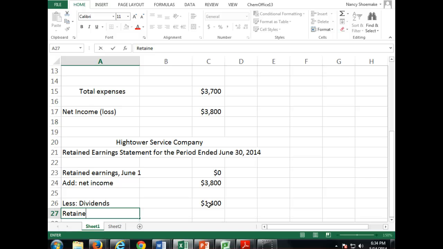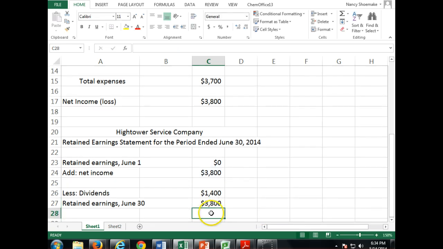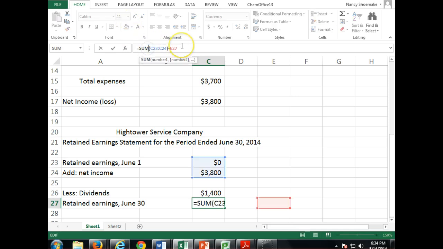Then we've got a retained earnings as of June 30th is going to be our 3,800 plus whatever we started the retained earnings with minus our, sorry, I did something wrong here. Minus E26. Shouldn't that work?